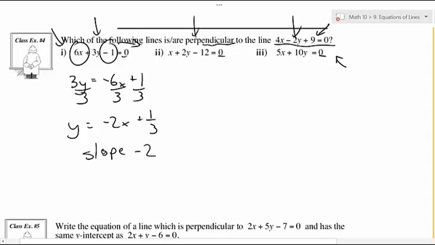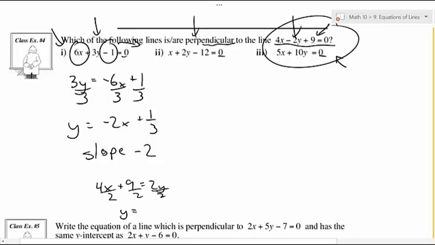Well, the given line, which was right here, is 4x minus 2y plus 9 equals 0. So basically, we've got 4x plus 9 equals 2y. All right, so we're going to divide everything by 2. And so that means that our equation is y equals 2x plus 9 over 2.